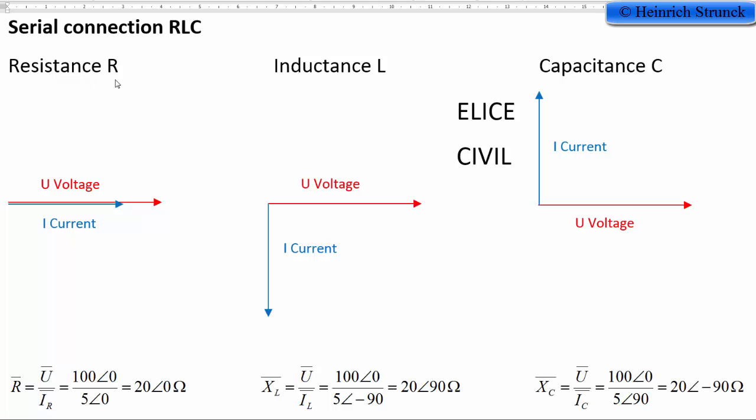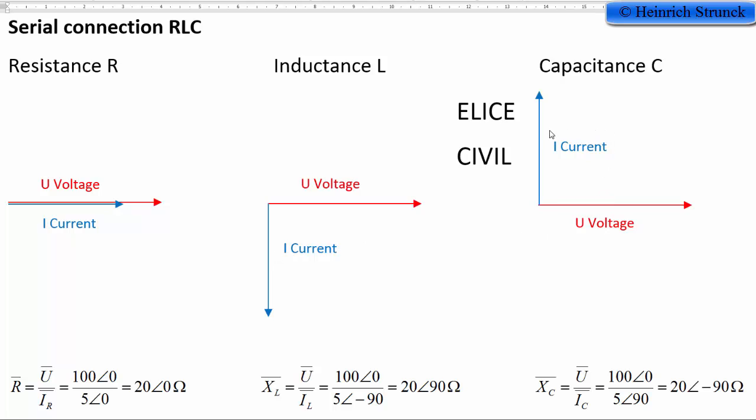Maybe you can remember that for the resistance there's no phase shift. It means that the voltage and the current are at the same phasor, at the same angle. But for the inductor, the current is lagging 90 degrees if we have an ideal inductor, or the voltage is 90 degrees leading the current.